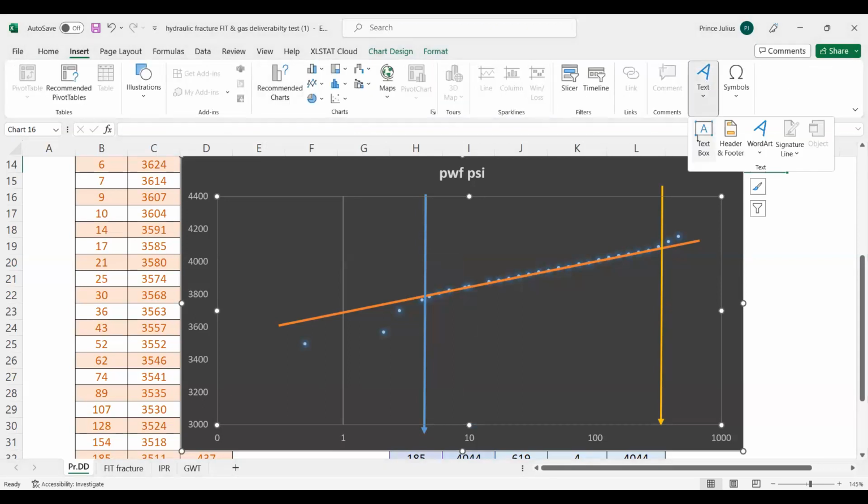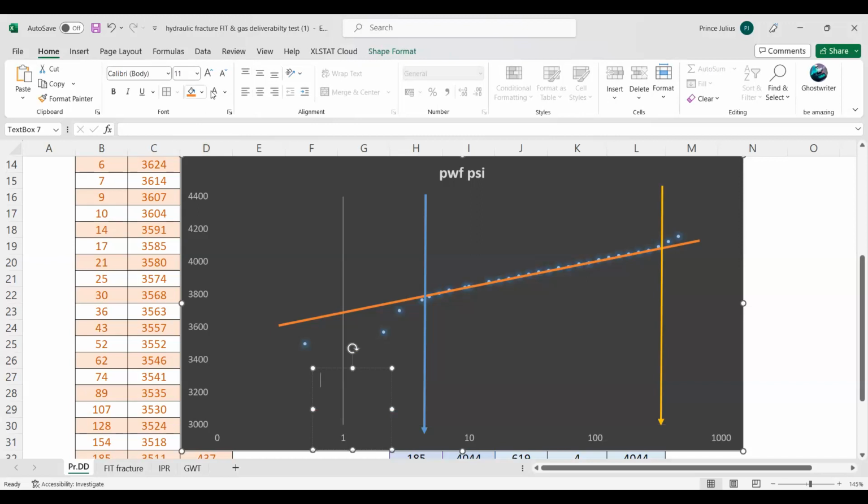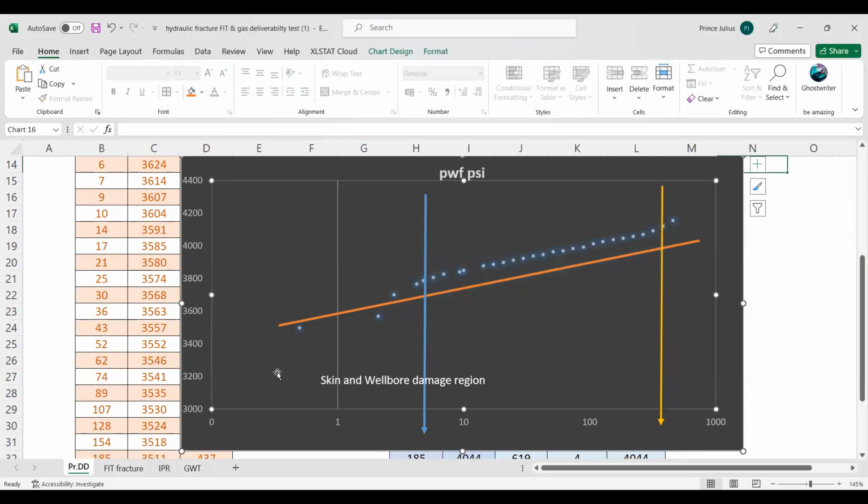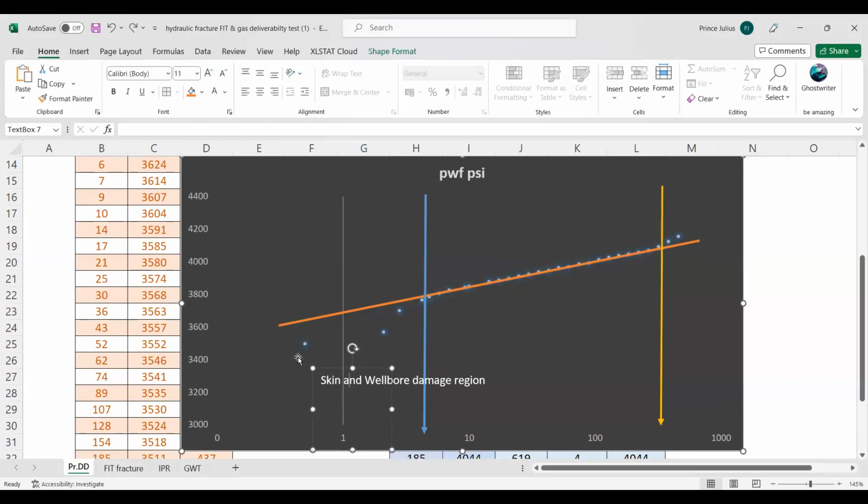I will just name all these three. This is skin and wellbore damage region. This is transient flow period.